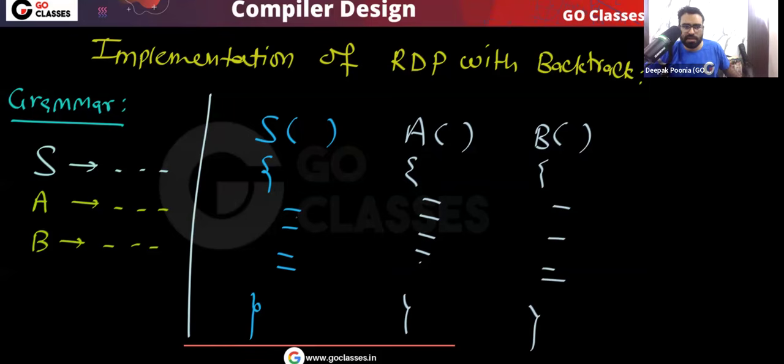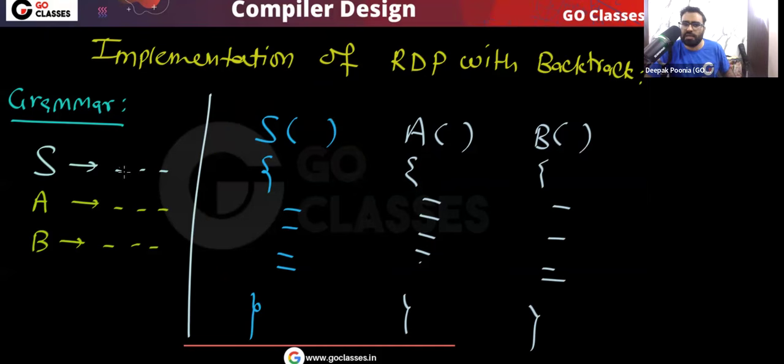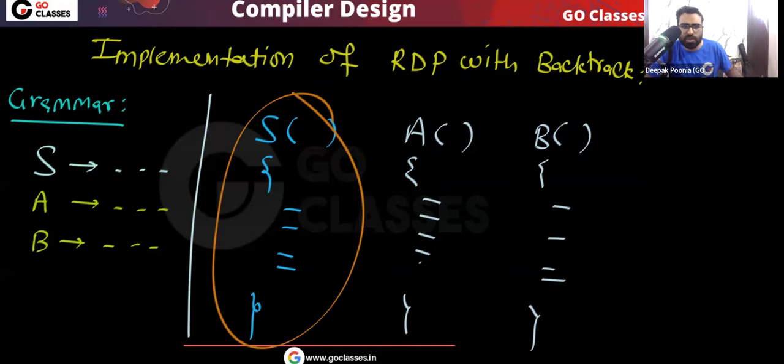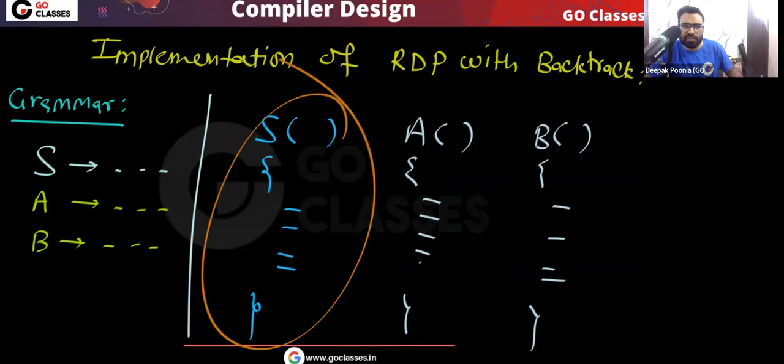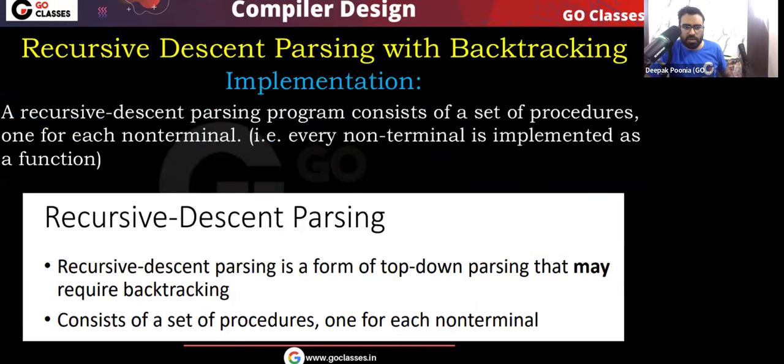Is this clear? And tell me, which function will be the first function to call? That is this function, yes or no? The function corresponding to the start variable. The function corresponding to the start variable is the first function that we will call. Very simple idea here. I hope you understood that.